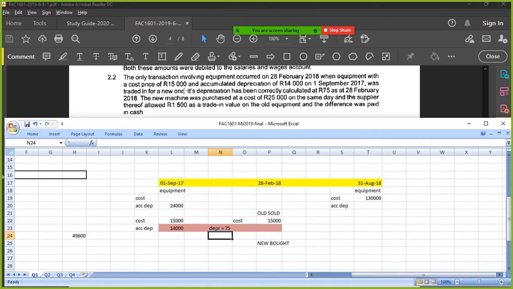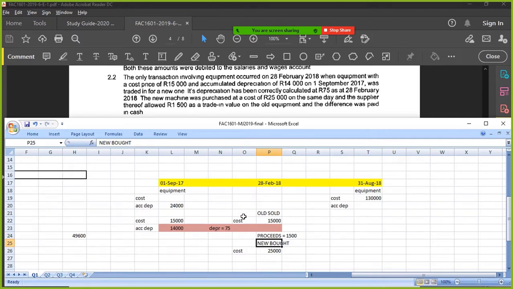Okay, the new machine was purchased at a cost of 25,000 on the same day, and the supplier therefore allowed a 1,500 Rand as a trading value. So proceeds was 1,500 on the old equipment, and the difference was paid cash.